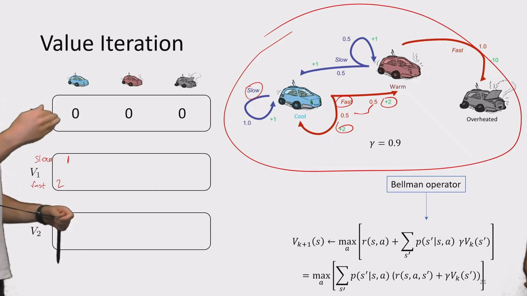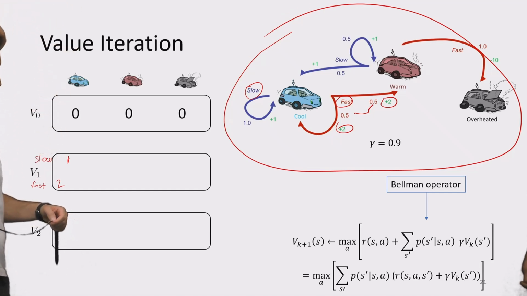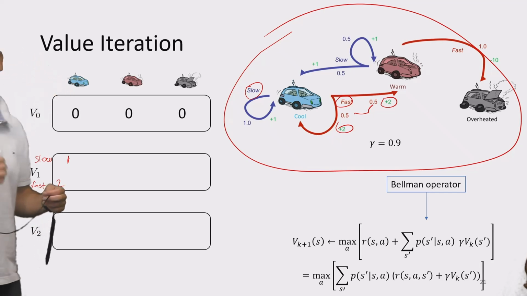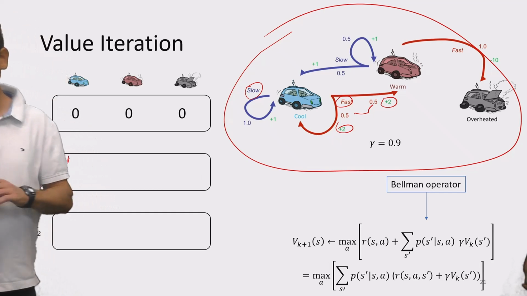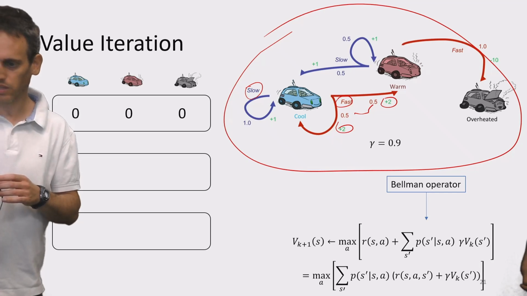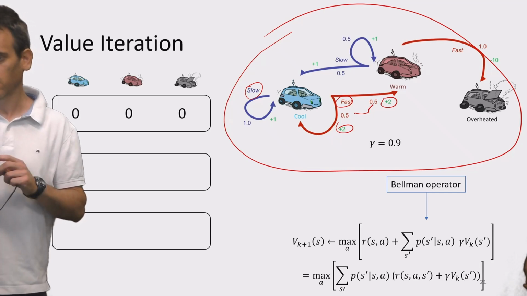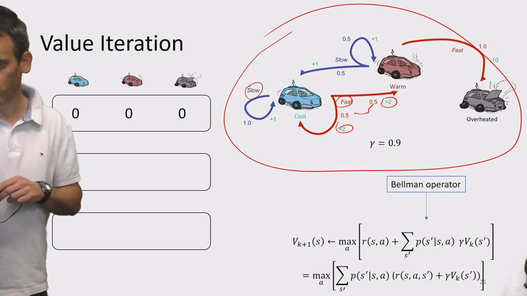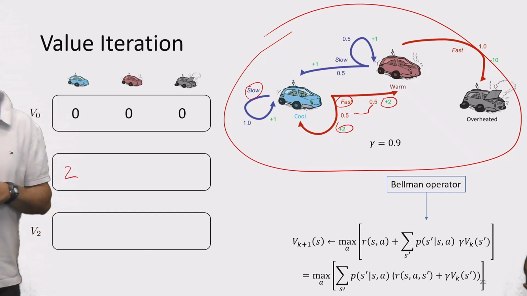V2 is two time steps, and Vk would be for k time steps. And at some point, since we have a discount factor, this is guaranteed to converge. We'll see the official proof in a second. So in any case, the state value for cool would indeed be 2 in this case.